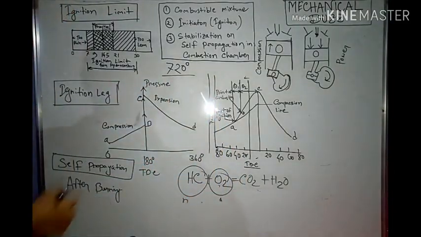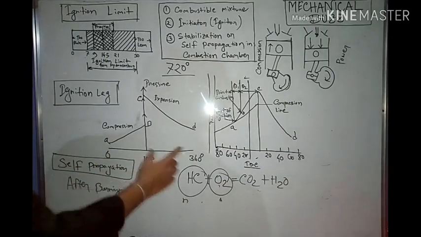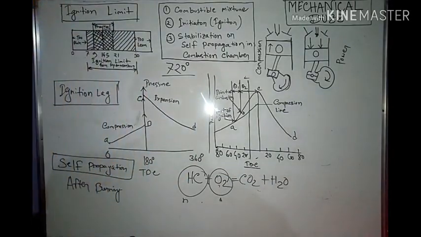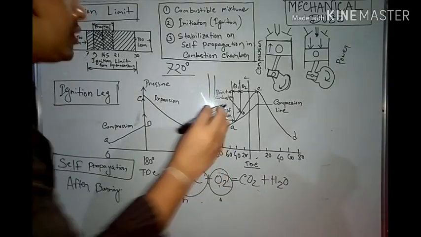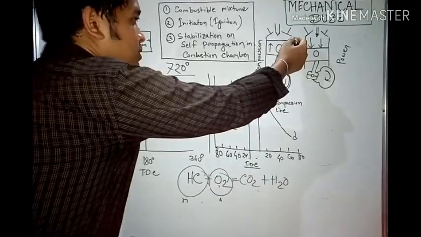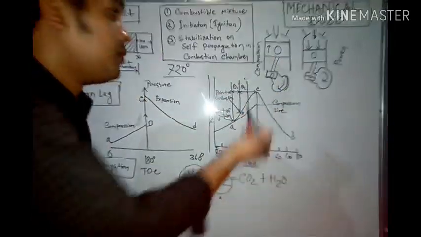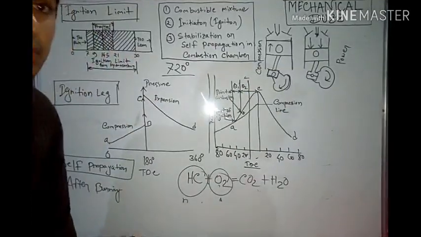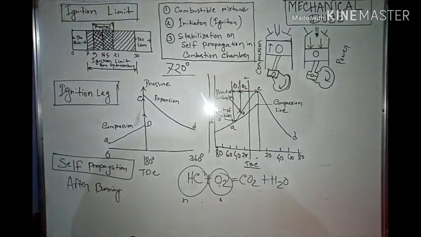Now, what we discussed in the last video is that a stroke happens when the piston travels from TDC to BDC, or BDC to TDC, and one stroke completes 180 degrees.